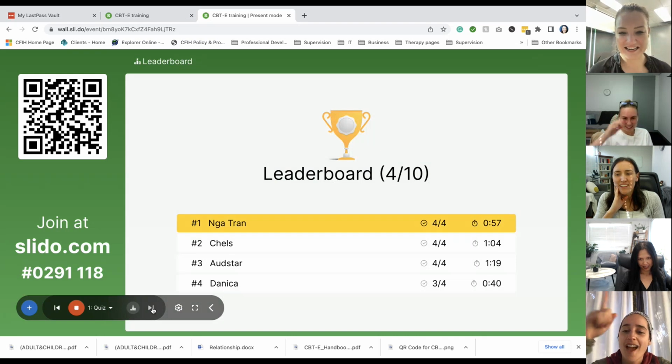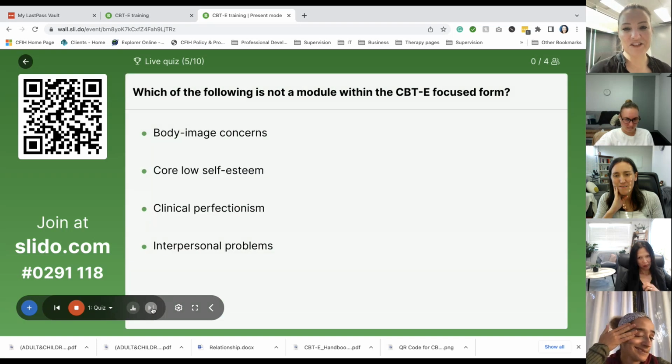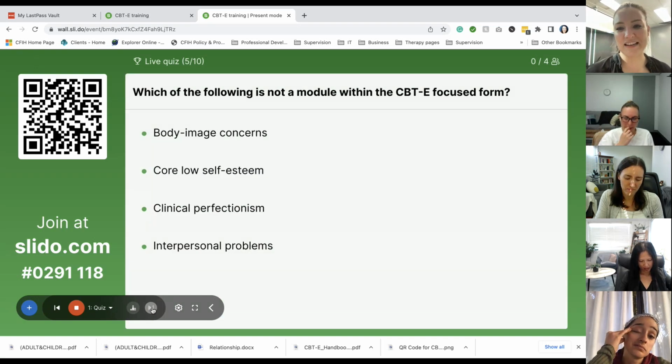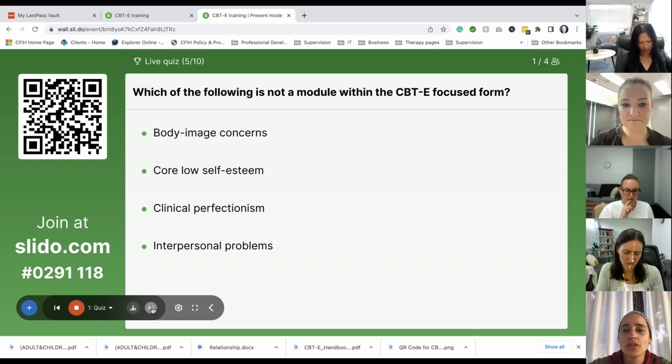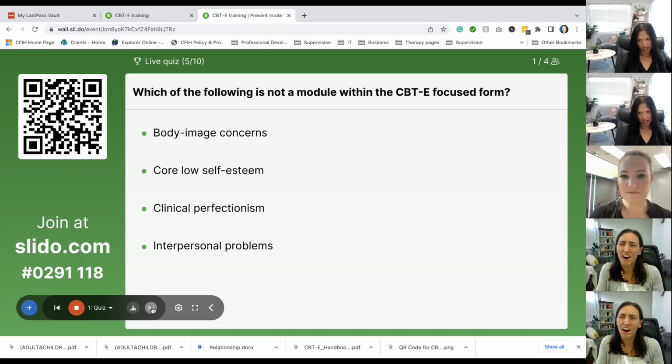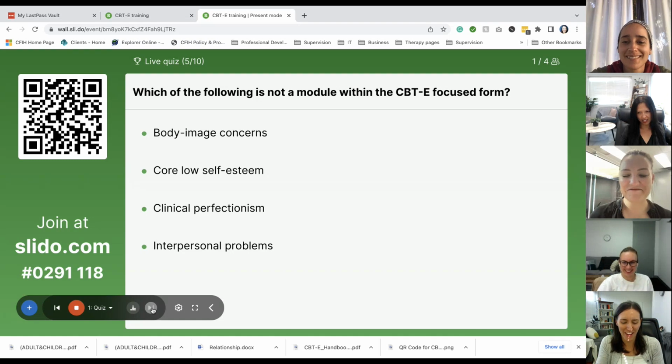Oh, Nyan's catching up. She's overtaken. So which of the following is not a module within the CBT-E focused form? Body image concerns, core low self-esteem, clinical perfectionism, or interpersonal problems? You can't answer 3 things. I wonder if you meant broad form.